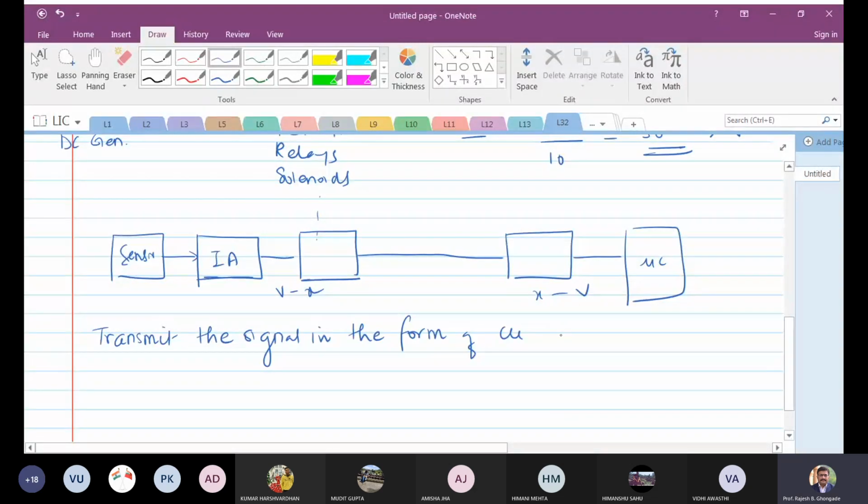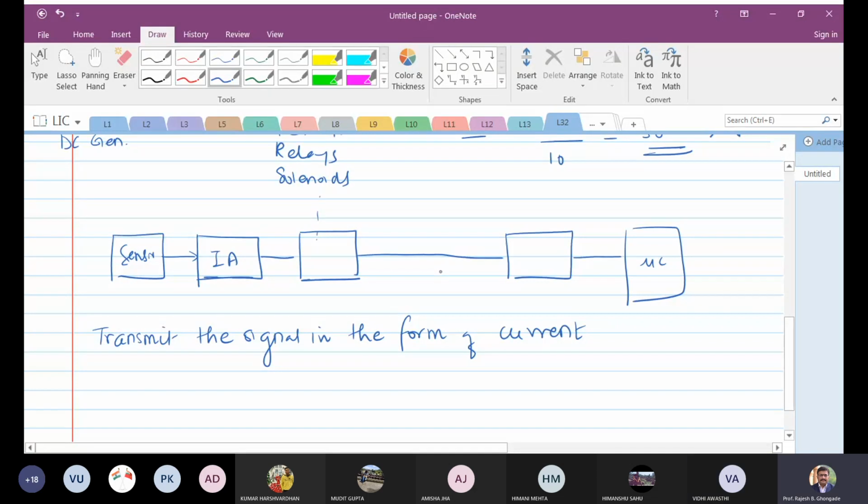Will this solve the problem? Yes or no? See, noise will be in the form of voltage. It will not affect the current. All right?